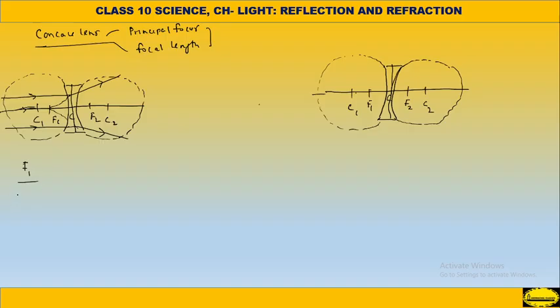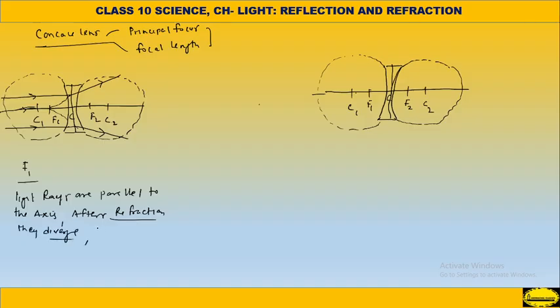So here we have seen that light rays are parallel to the principal axis. After refraction, they diverge.